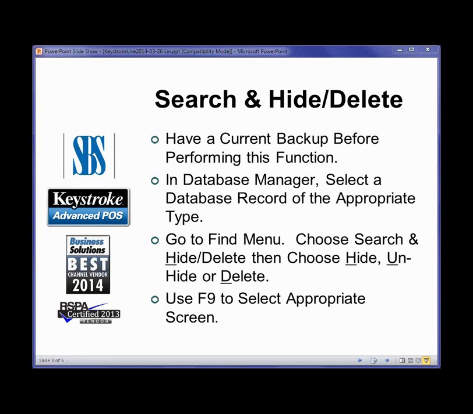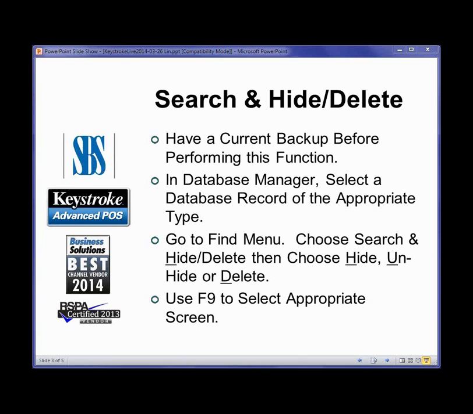I'm going to show you the process, how to go through this in Keystroke, but in general, you start out in Database Manager, you select an appropriate database record of the type that you want to perform this function on. You go to the Find menu. You choose to search and hide, delete, and then you're going to choose whether you're going to hide, unhide, or delete records.